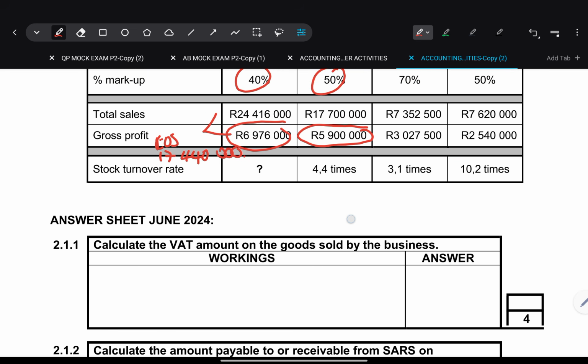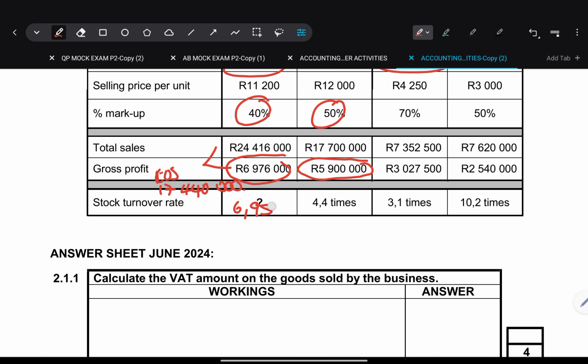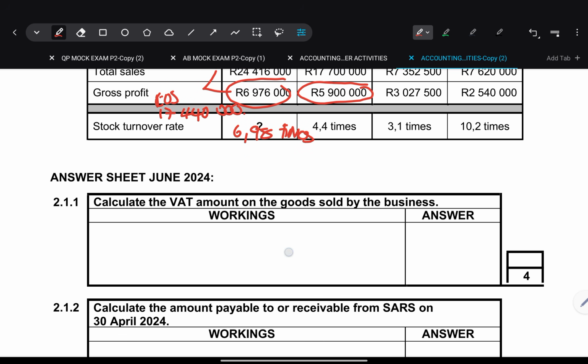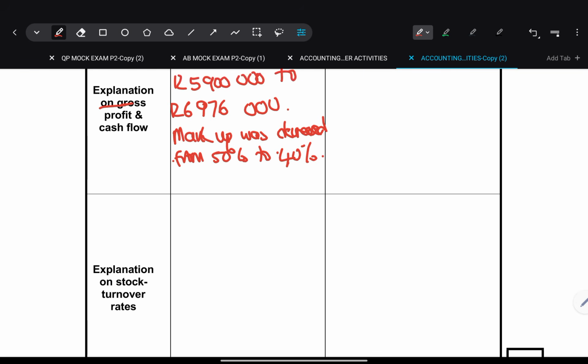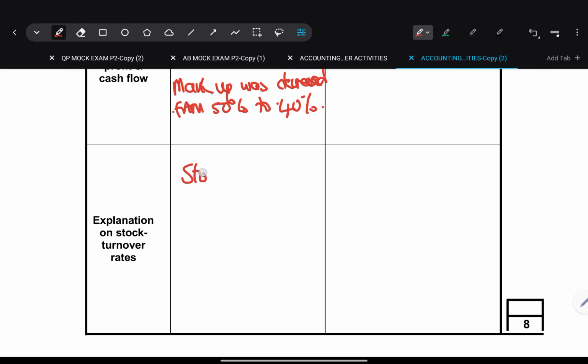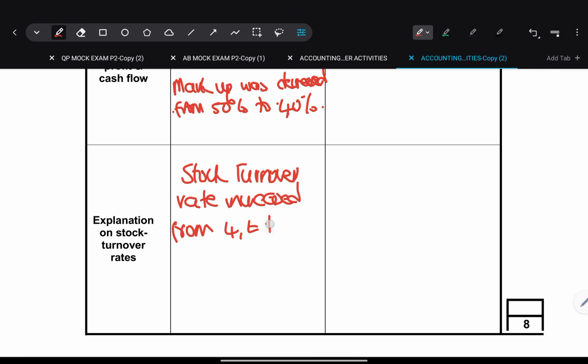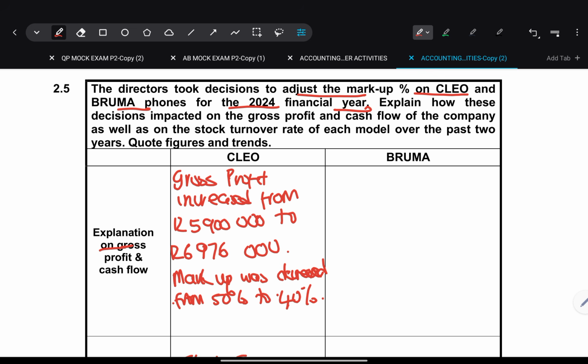So we're going to write here: stock turnover rate increased from 4.4 times to 6.98 times.